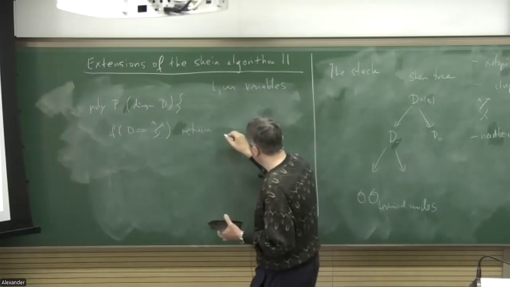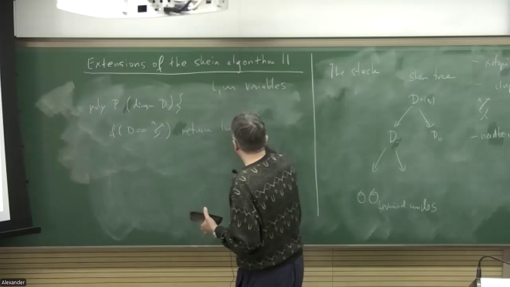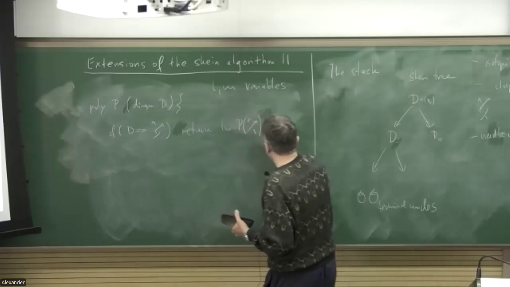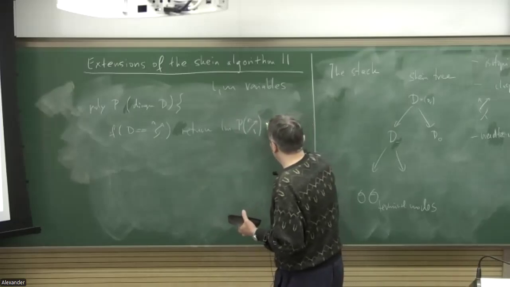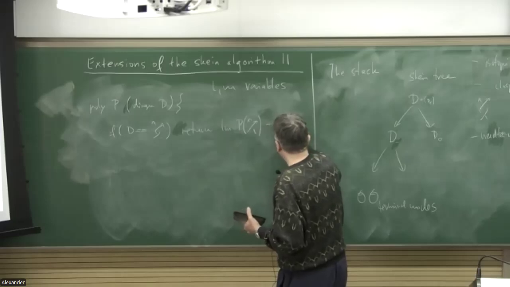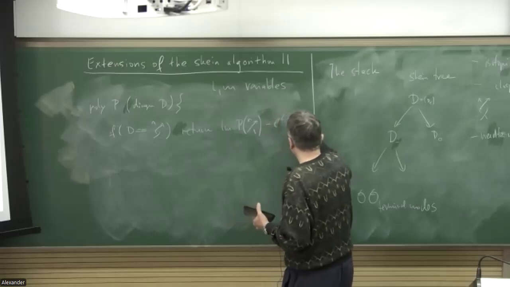So you return L to the n, you have this, minus L squared P of that.